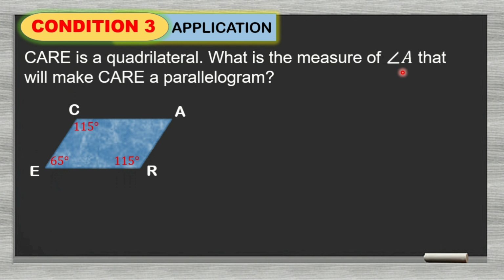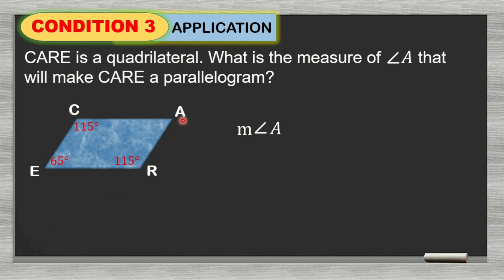What is the measure of angle A that will make CAR a parallelogram? So, una natin munang isusulat yung angle na hinahanap, which is yung angle A. Okay, so ano ang kasunod niyang angle? Okay, so pwedeng angle C ang kasunod niya, pwede ring angle R. Pero para hindi tayo malito, pa-clockwise direction yung gagawin nating pagpili.